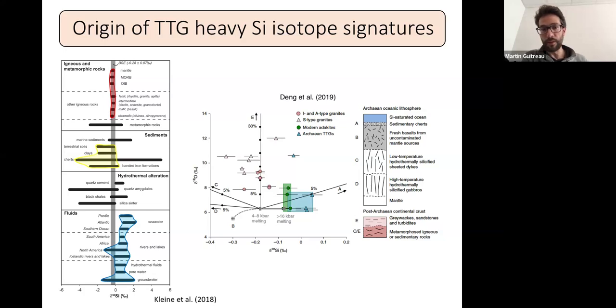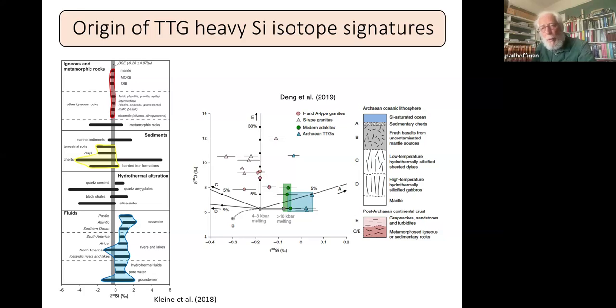Because when you leach the rocks to form soils, and then leave behind some clays, this heavy silicon isotope composition, the water will get transferred to the ocean. So continental crust is probably more likely to be the complementary reservoir, and chert will be formed in between. I guess that would be my answer.